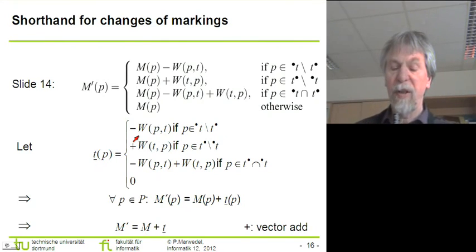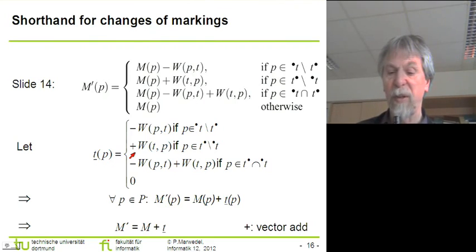So that means if that place is in the precondition set but not in the postcondition set, the weight on the incoming edge will define the decrease in the number of tokens. If that place is in the postcondition set but not in the precondition set, the weight will define by how much we increase the number of tokens.